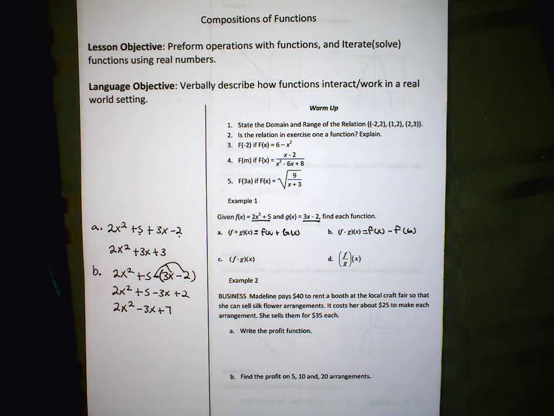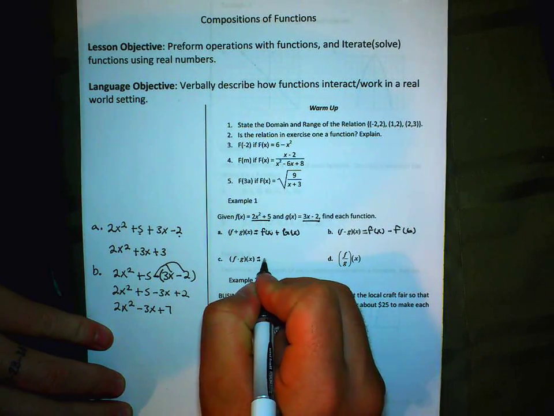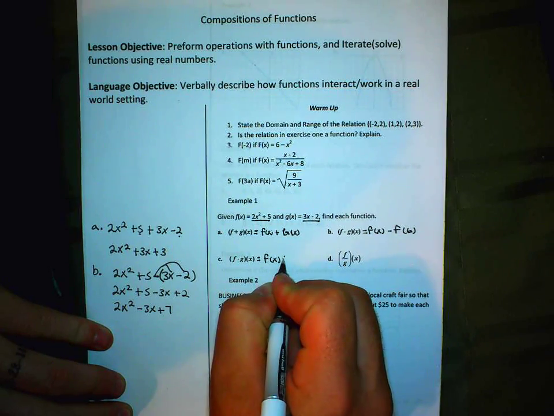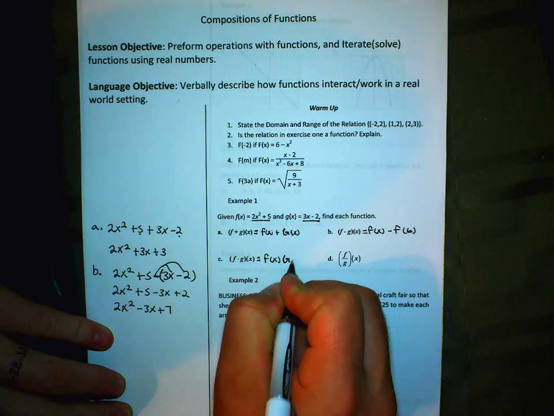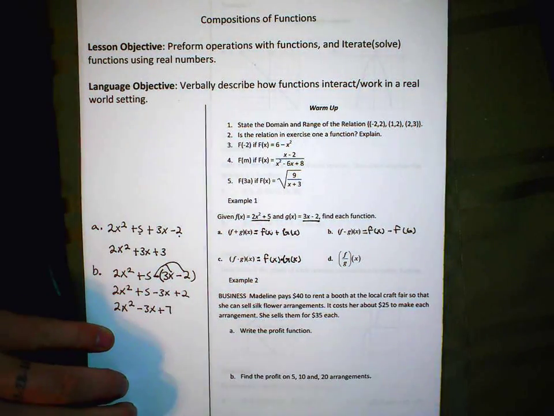Alright, and here's where it gets a little bit trickier. F times g, still not really tricky, just a little bit more work. We're going to write that as f of x times g of x. I can put a multiplication sign if I need to, just for memorization purposes, but f of x times g of x.